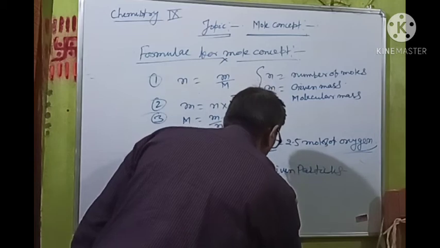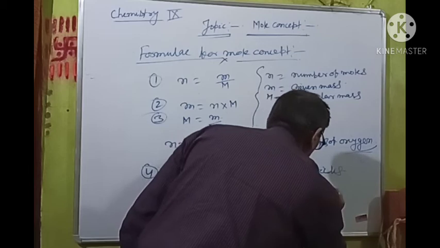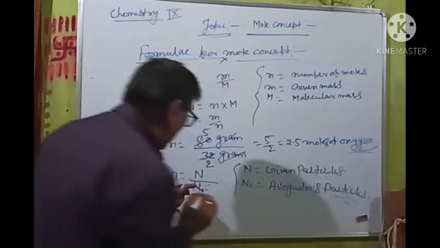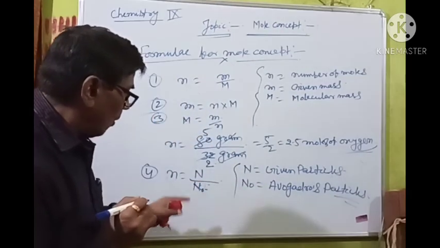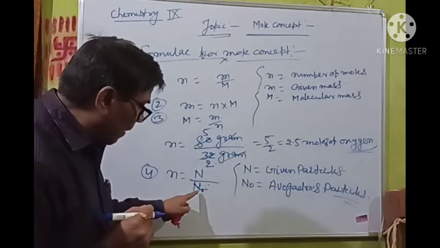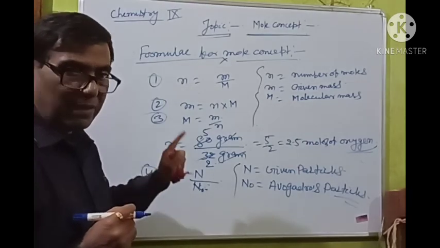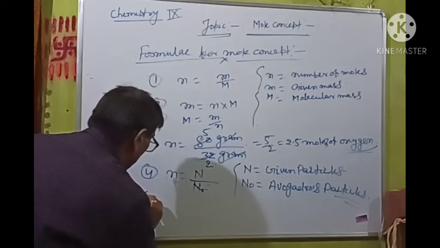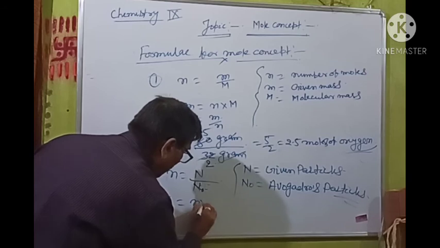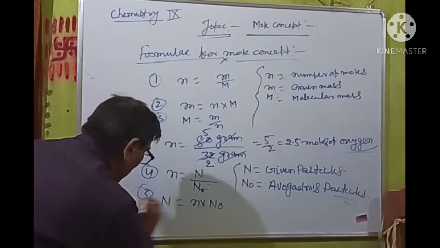So when we know the given particles of an element or compound and Avogadro's particles, then we also get the number of moles of these elements. Fifth, given particles is equal to number of moles into Avogadro's particles.